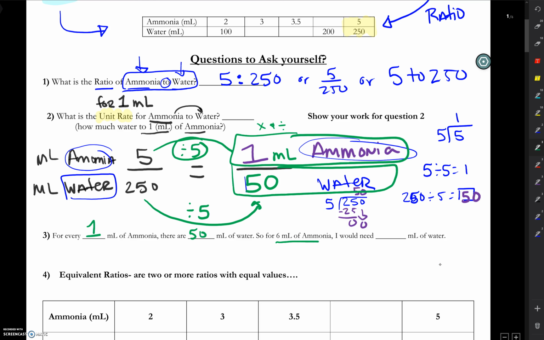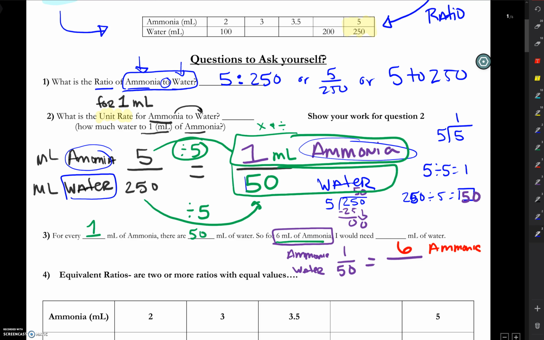So for 6 milliliters of ammonia, I can do the same thing here. It's 1 over 50, and this is ammonia, and this is water. It's asking me, what if I had 6 milliliters of ammonia?